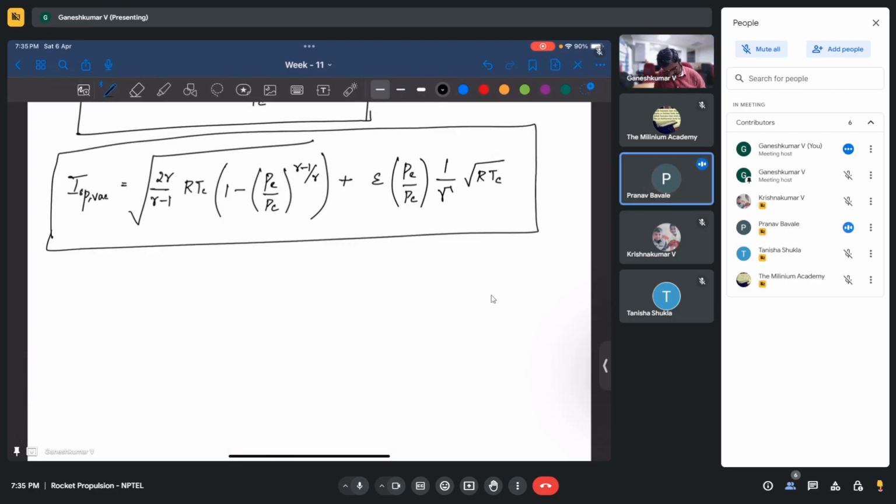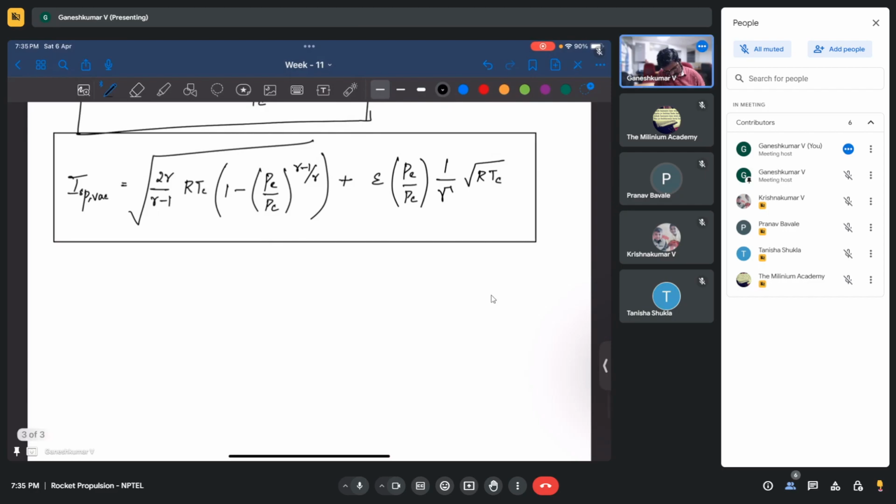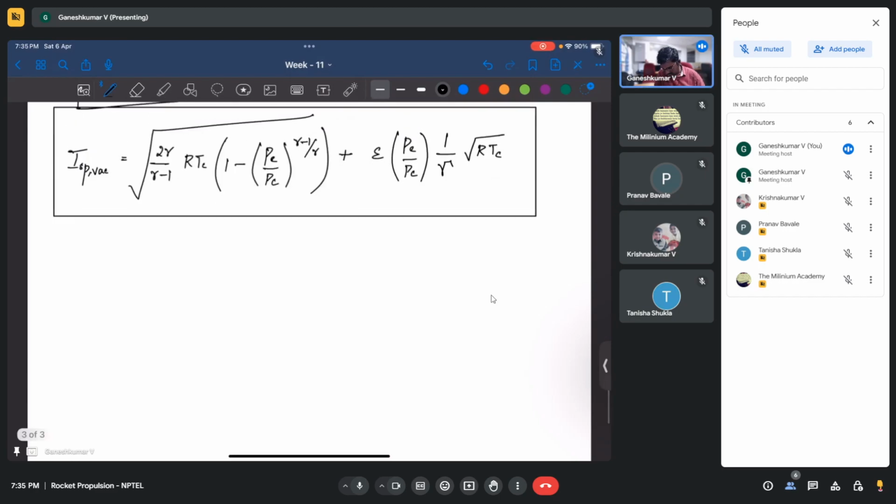Okay, let's try to substitute the formulas. Maybe we can take RTC together on the other side.